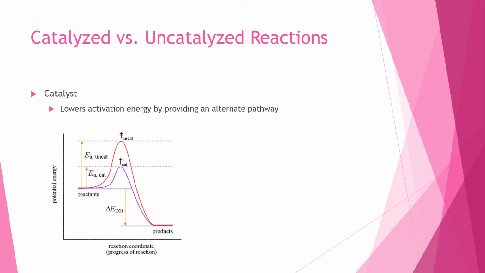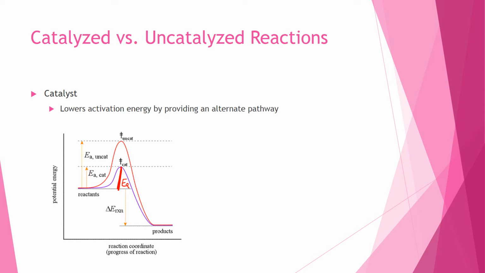So when I look at my potential energy versus reaction coordinate graph, you have to be able to draw the catalyzed versus the uncatalyzed reaction. So the red right here is representing the uncatalyzed reaction, and the blue is representing the catalyzed reaction. What this catalyzed reaction does is lower the activation energy because it's basically providing an alternate pathway for that reaction to take.